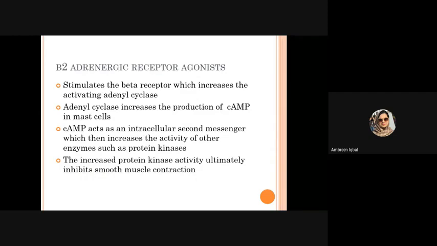Adenyl cyclase increases the production of cyclic AMP, and cyclic AMP acts as an intracellular second messenger, which then increases the activity of other enzymes like protein kinases. And the protein kinases ultimately inhibit smooth muscle contraction and promote smooth muscle relaxation, which is the required effect.